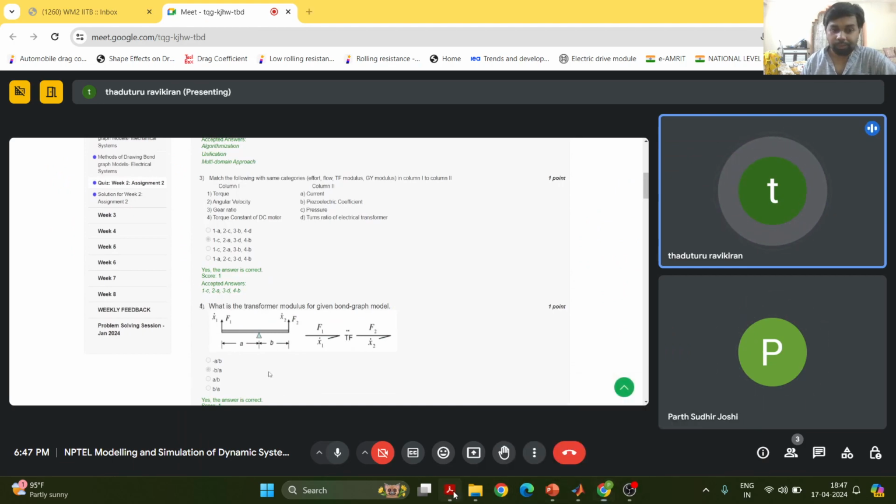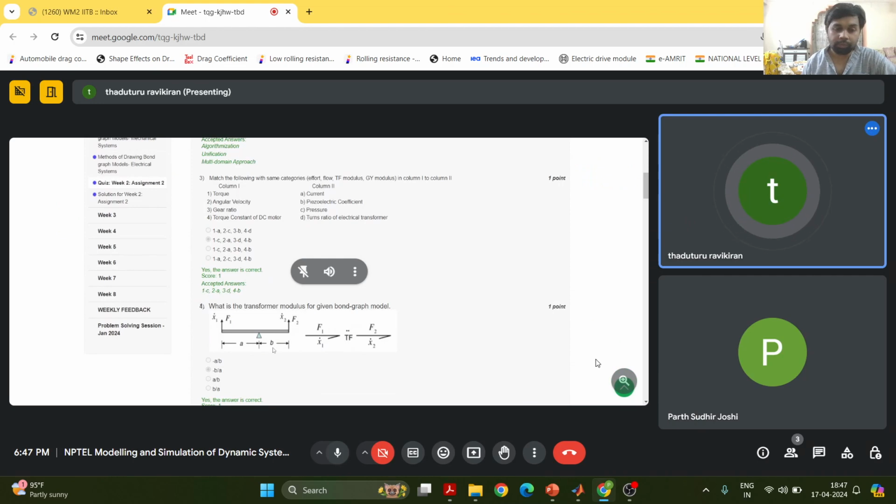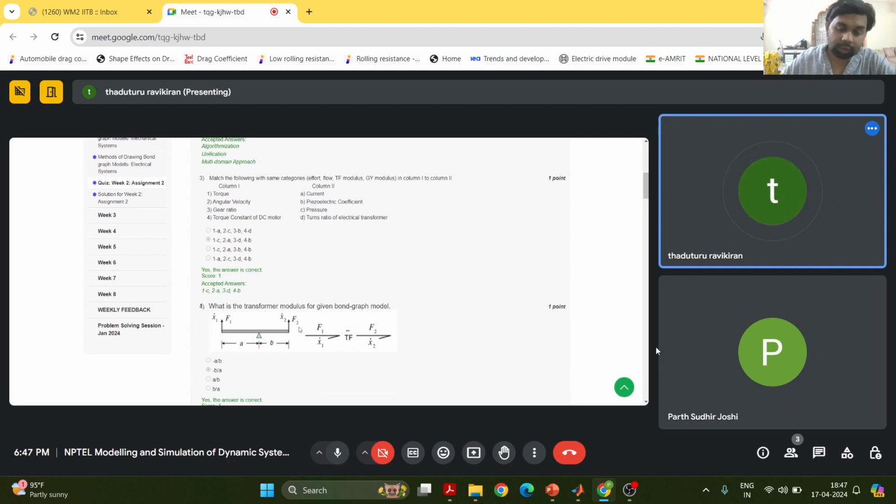If I take the moment about this fulcrum point, with the effort being force into this distance, F1 into A is equal to F2 into B. So the minus sign is coming, and how are we taking the ratio, output to input?